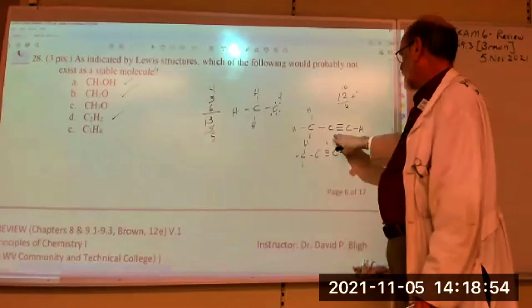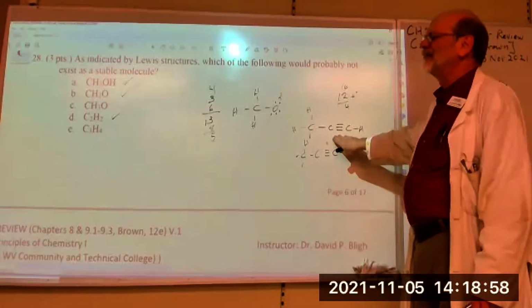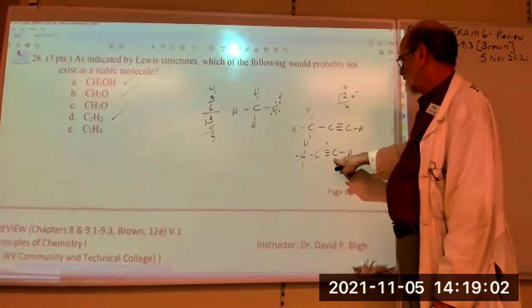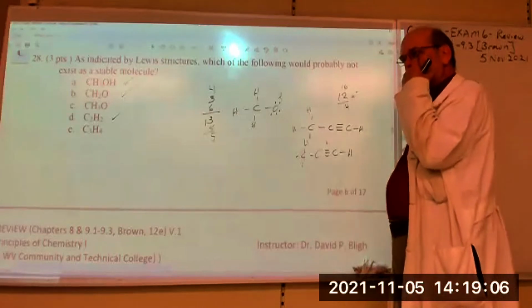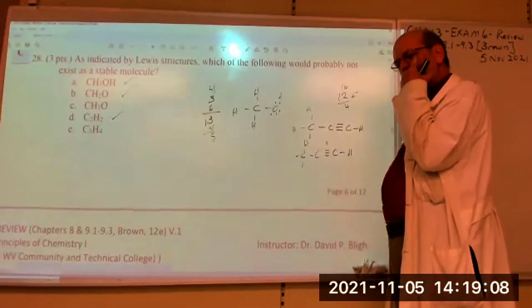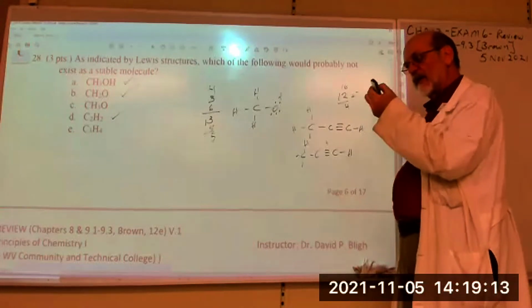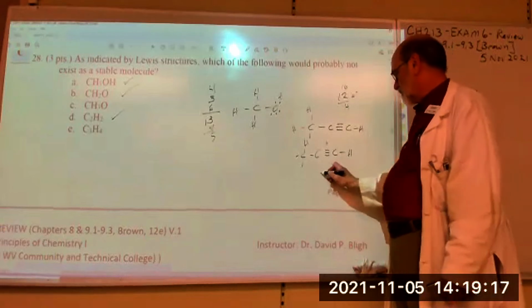And this one would be, let's see, this is acetylene. Another name for acetylene, it's an alkyne, is ethine. Ethine is another name for acetylene.